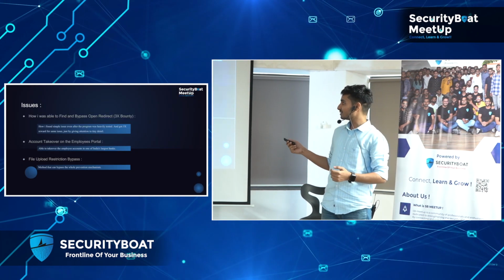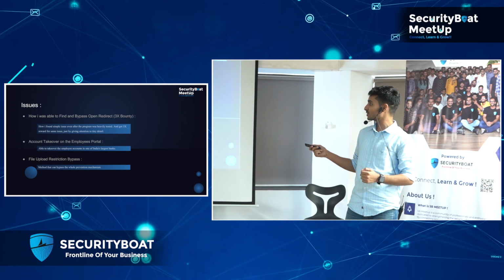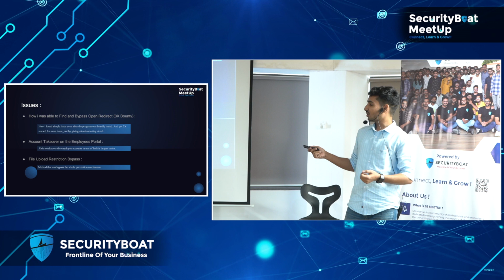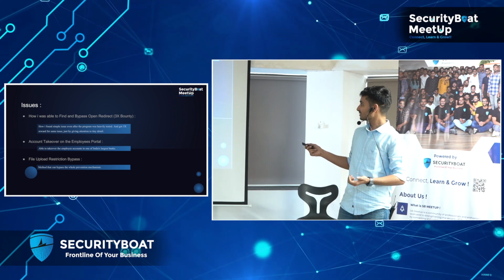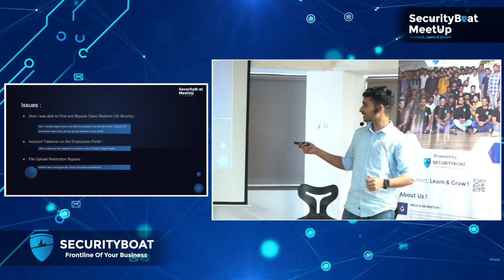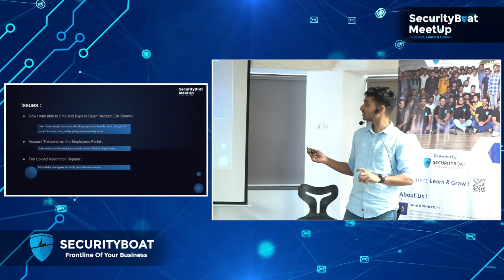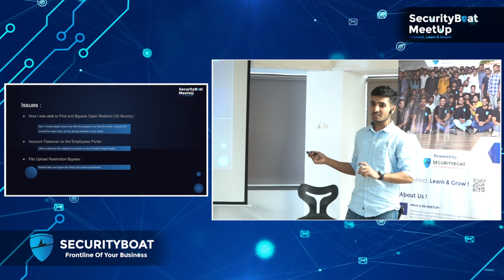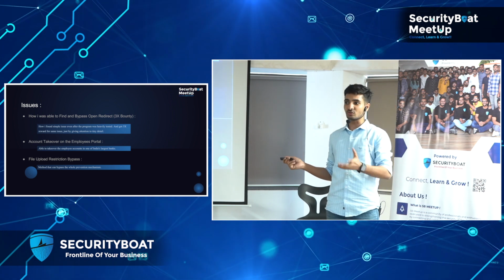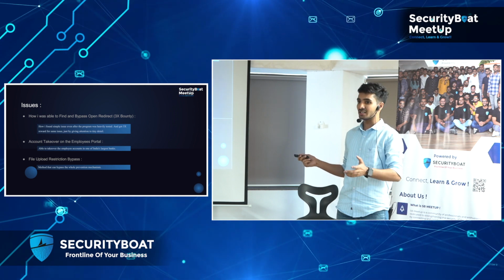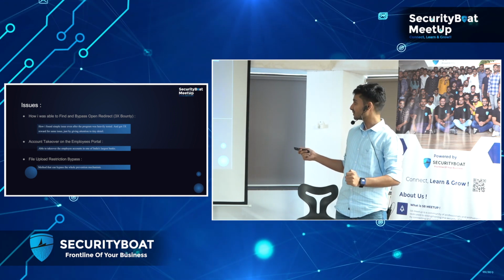The issues that I will be covering today: first, how I was able to find an open redirection and bypass it 3 times on a heavily tested domain. That is the same thing I have written here. The second one is an account takeover of an employee portal at one of India's largest banks. For approximately 3 to 4 years they were using a few vulnerable APIs, and they had to take down the whole production environment.